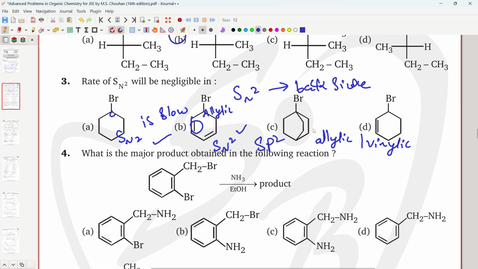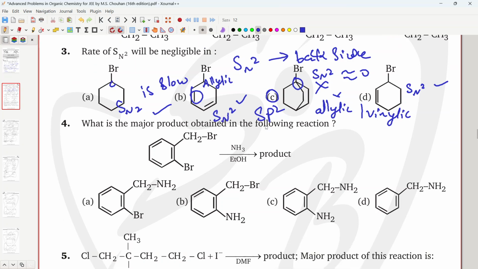The carbon bearing Br is at a bridgehead. For SN2, the nucleophile must attack from the backside, but the bridge physically blocks it. Because the backside attack is essentially impossible, the rate of SN2 is approximately equal to 0. Therefore, not possible. Now for the allylic halide once again, SN2 is possible. So the answer is C.